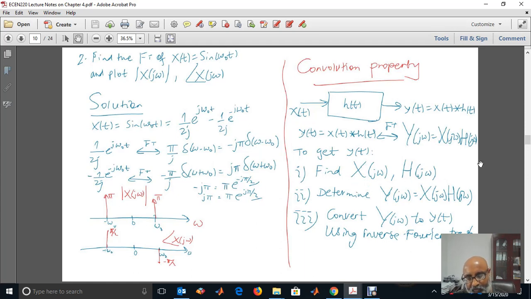That means to the frequency domain. We determine Y(j omega), which is equal to X(j omega) times H(j omega). And we convert Y(j omega) to y(t) using the inverse Fourier transform. Okay, this is a very important property, the convolution property.